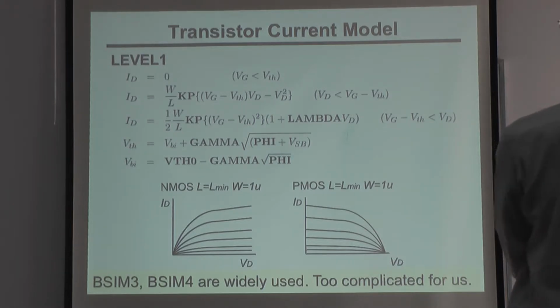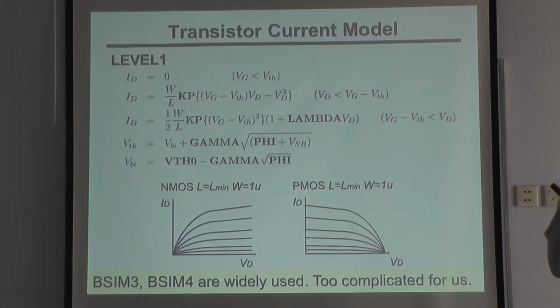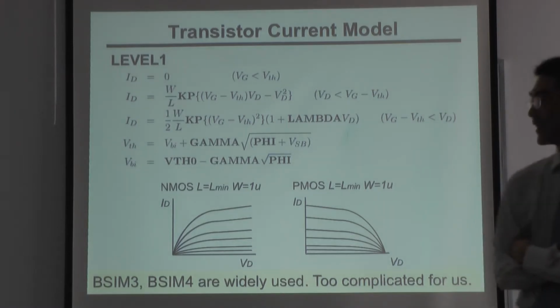V threshold minus V threshold, not VD. Maybe 1 over 2. Yeah, 1 over 2.